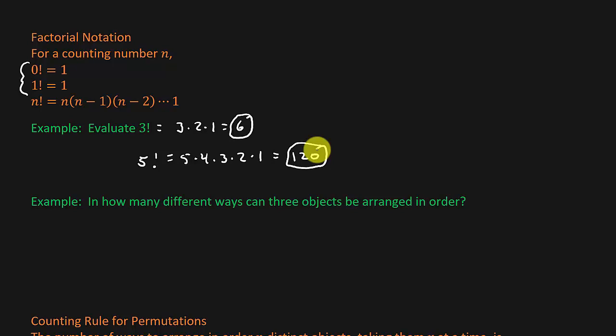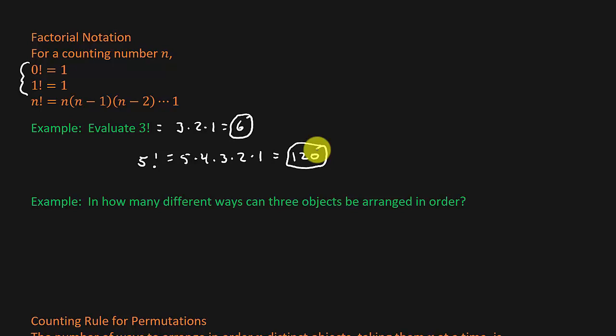All right, so let's look at this example here. In how many different ways can 3 objects be arranged in order? So how in the world will we do that? We've got 3 objects. We want to arrange them in order.